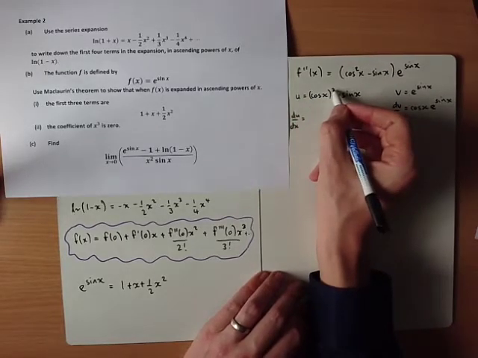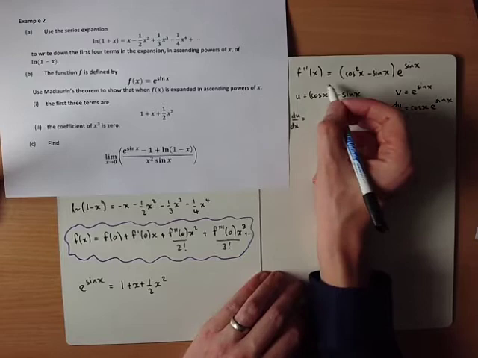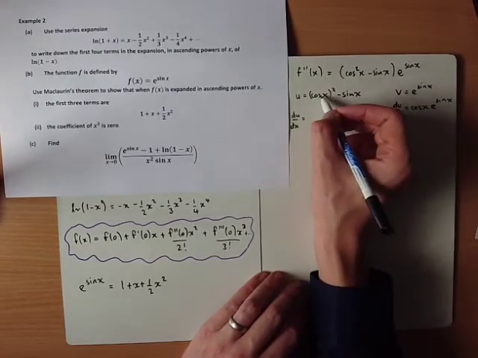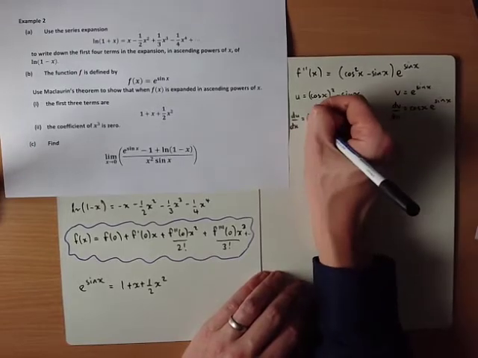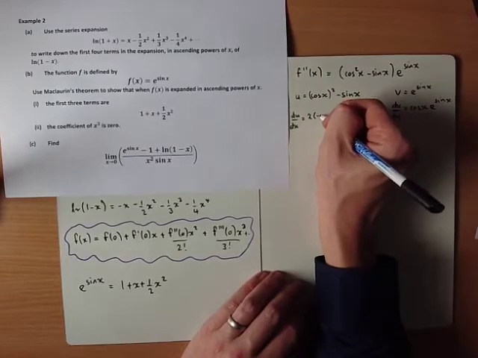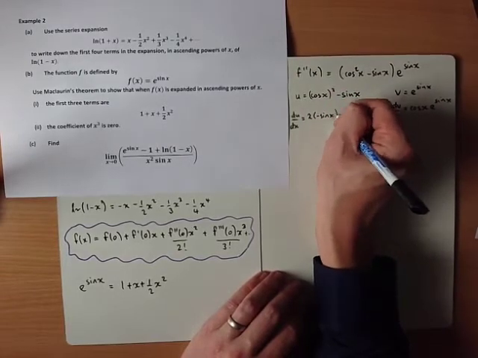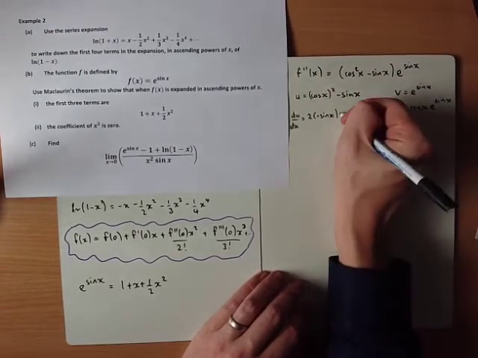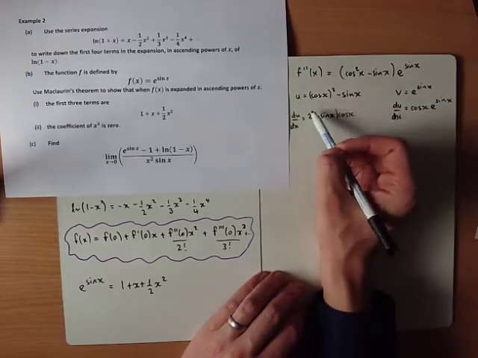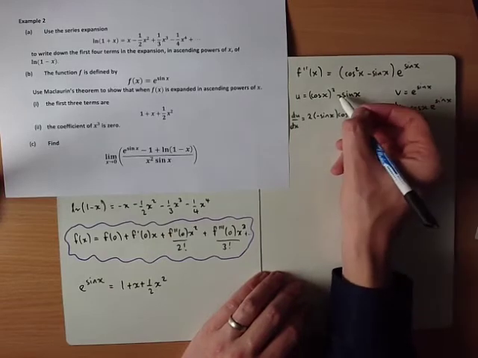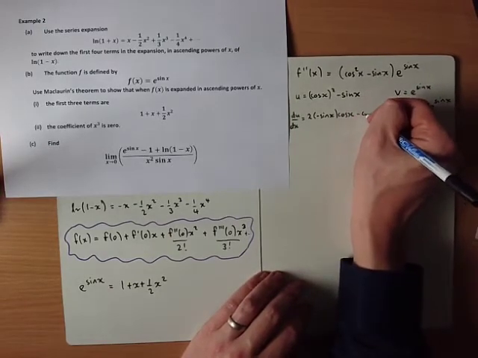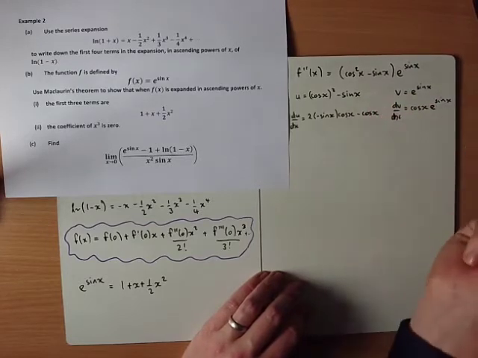There's a function inside a function, so you can do a chain rule question, but try and remember the shortcuts. For a bracket to a power, times by the power, differentiate what's inside, which would be minus sin x, and then take one off the power. So times by the power, times by the derivative, take one off the power: minus sin x would become minus cos x when we differentiate.